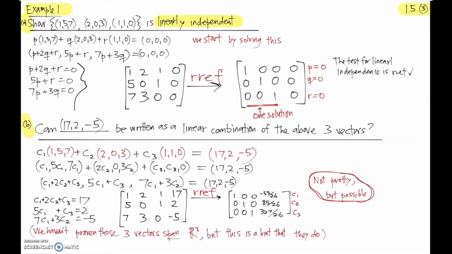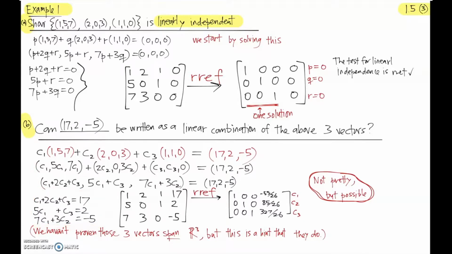Okay, let's just talk one more time about the logic of what was going on here. Whereas in part A, we were talking about linear independence, this question has more to do with the span of those three vectors. How far can they reach? Can they really construct any other vector in R3? We started by saying, okay, hopefully a linear combination of those three vectors can create this vector. And then it was somewhat similar to part A. We were just going to have to solve this system of equations.